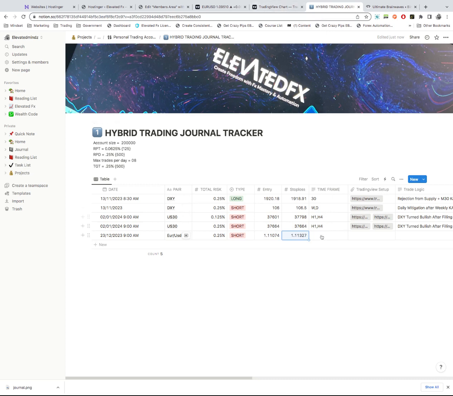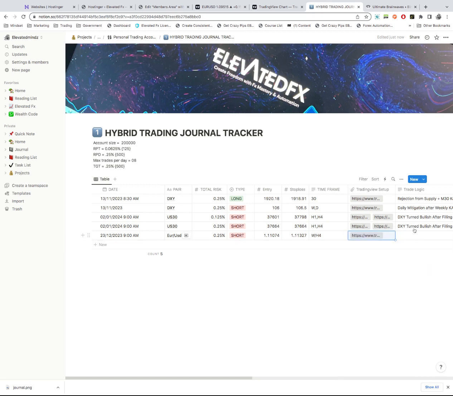And I'm looking at it from a weekly H4 setup. Very simple. So we do W, H4, and then I paste, I'm going to embed the link here for my trade idea.